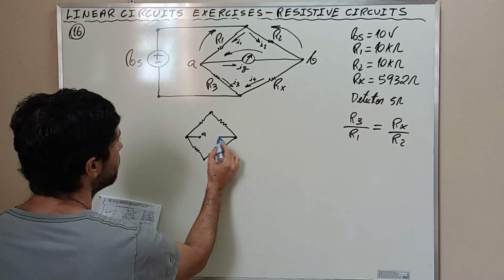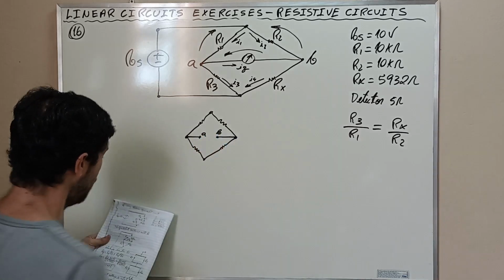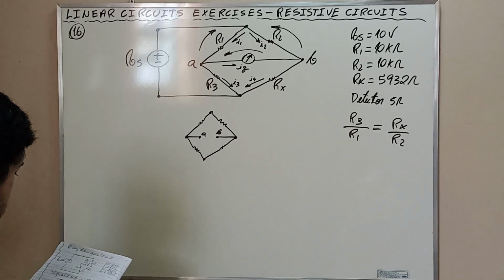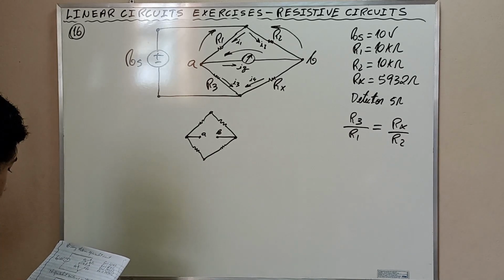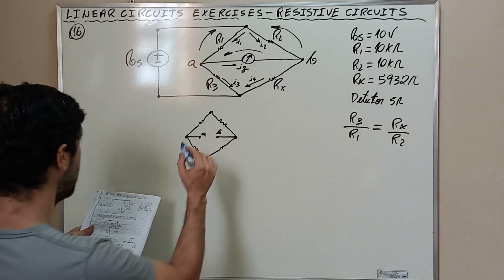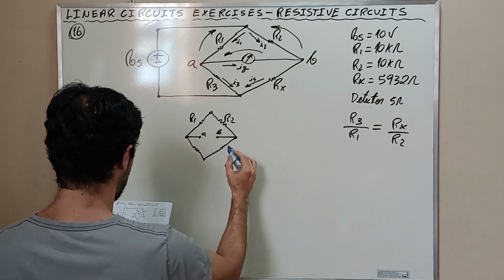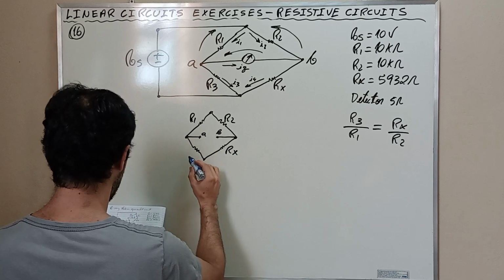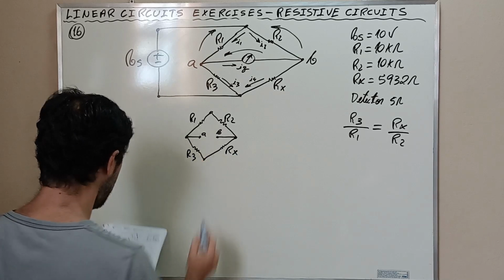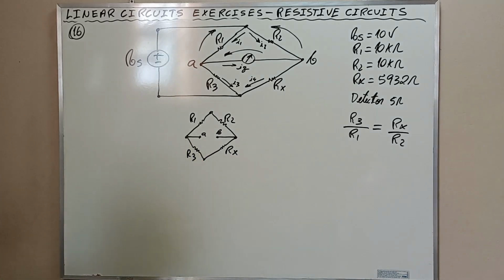We are opening the circuit here. Okay, we are opening the circuit. And here is R1, R2, Rx, and R3. Okay, we will calculate the equivalent resistance.